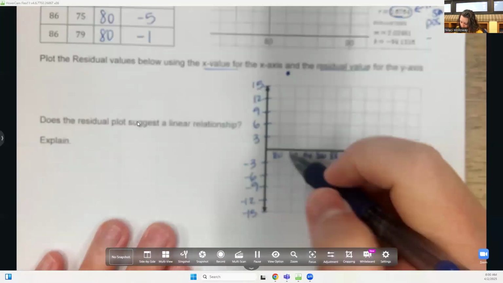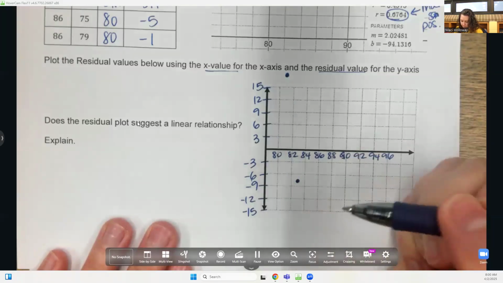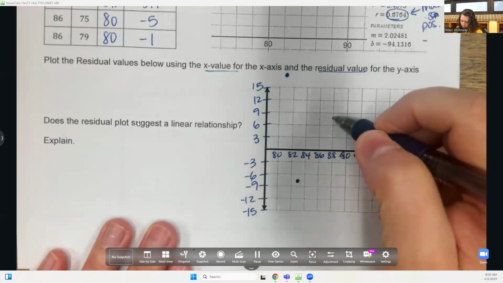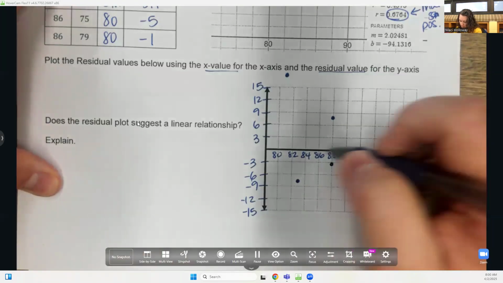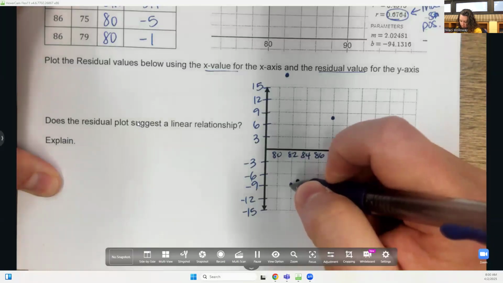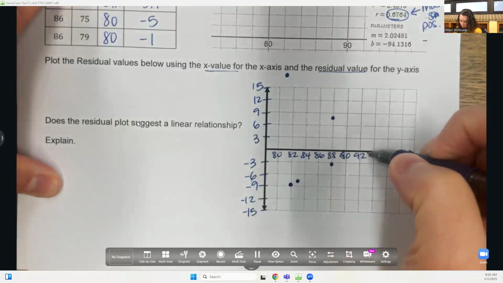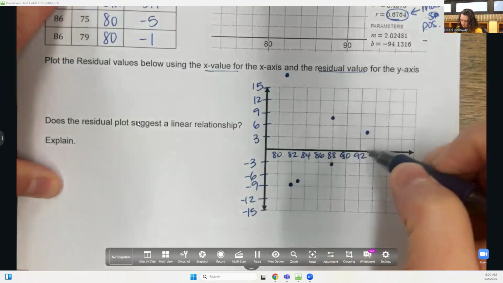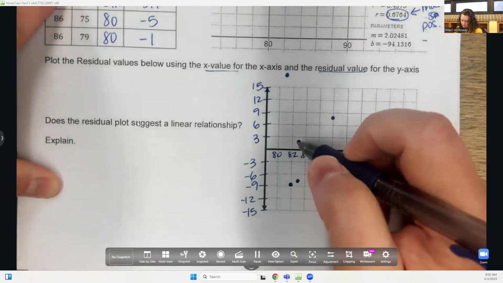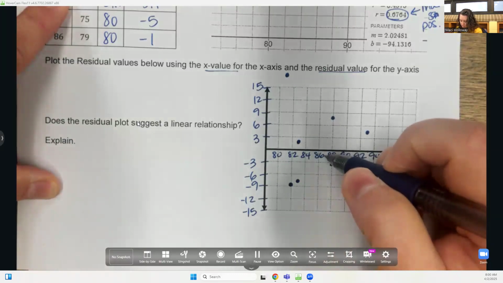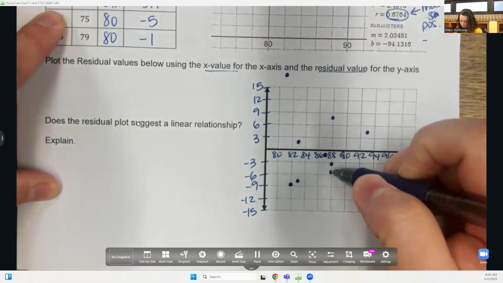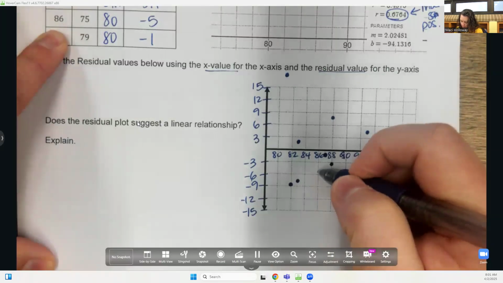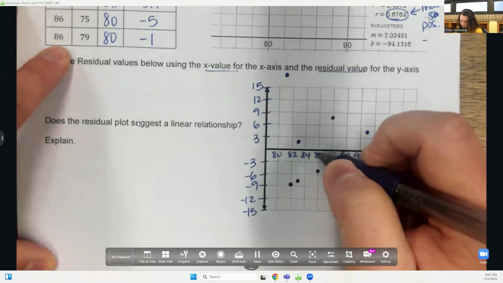And then my next point is 83 and negative 7.9, so about here. 88, positive 7.9. 88 and negative 3.1. 82 and negative 8.9. 93 and 4.8. 83 and positive 2.1. 87 and negative 1, out here. 88 and negative 5.1, out here. 86 and negative 5. And 86 and negative 1.